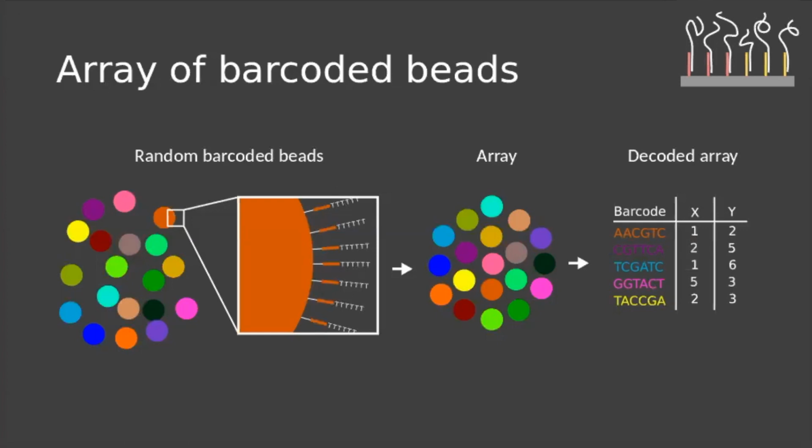They're on the surface, and they use some sort of sequencing or FISH-based method to read out the barcode of every bead. So now they know where every bead is in space. Afterwards, they place the tissue on top, let the RNA diffuse and bind to the beads, and then they do the sequencing of the barcode plus the captured mRNA.